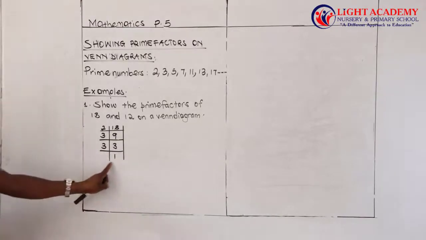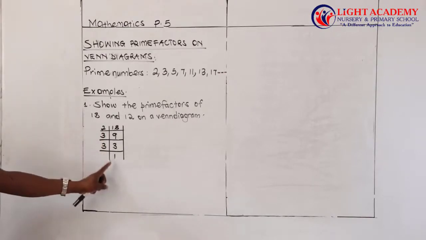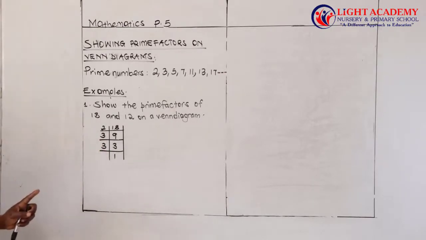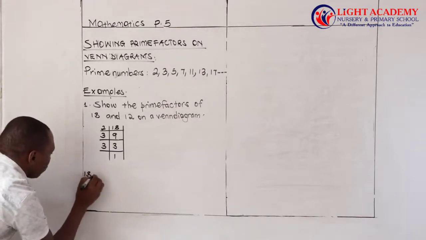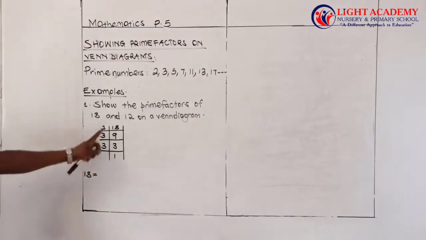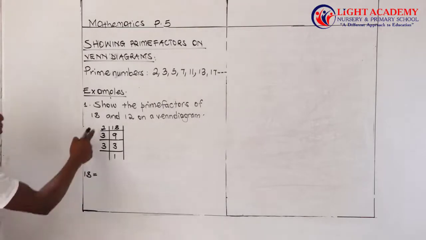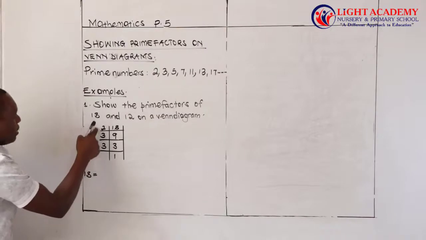When you reach the last step where you see the last answer as 1, it means you've completely prime factorized 18. So what am I going to do? I'm just going to say 18 is equivalent to, I'm now going to write the prime factors, the numbers I've used to divide 18. When I look at the numbers I've used to divide 18, the first one is 2.